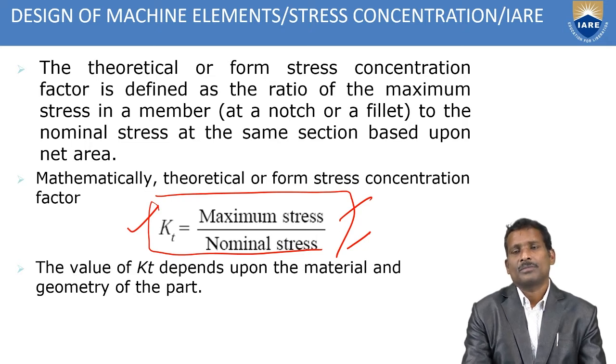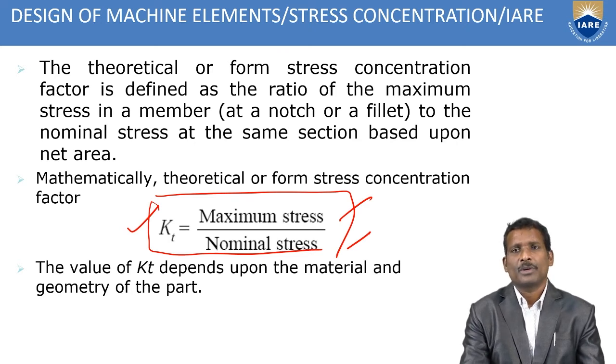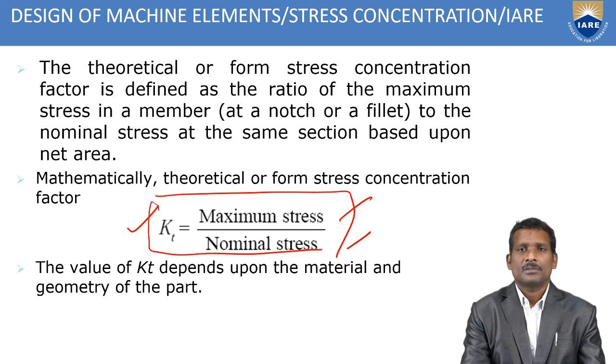In this stress concentration theory, it is actually based on flow analogy. Generally, for calculating any tensile, compressive or shear stress, we use relations: load over area. If it is subjected to tensile load, we can calculate the tensile stress by using tensile load divided by cross-sectional area.